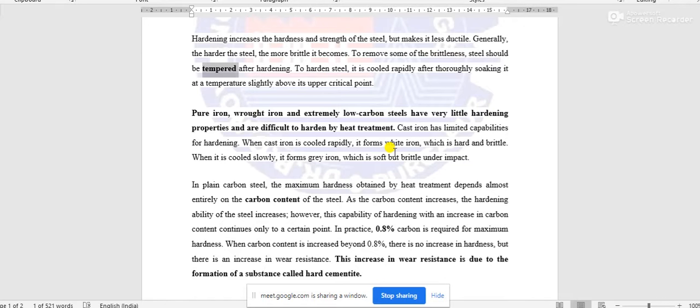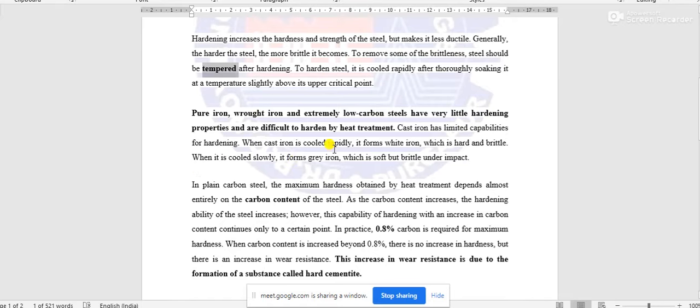That means some white iron is formed, and this white iron is hard and brittle. That means hardness characteristics improve, but ductile characteristics decrease, and it will be brittle.